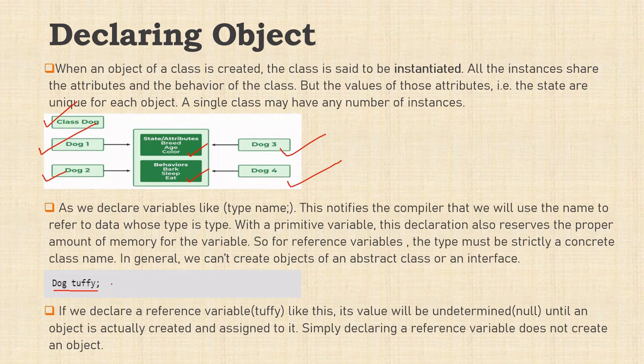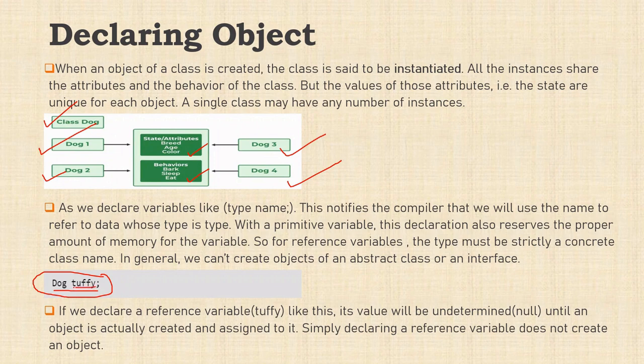How can you create the object? With Dog toffee, you have declared the object of that class, that means you are trying to create an object. Before creating that object, you are declaring a variable of that class. Dog is a class here, so we are creating one variable of it.